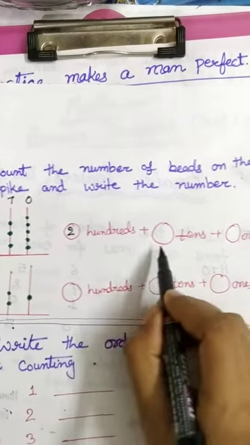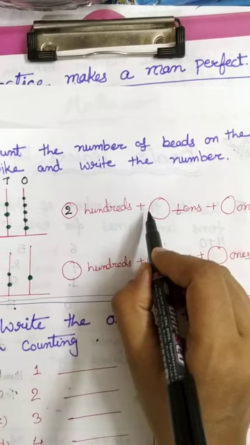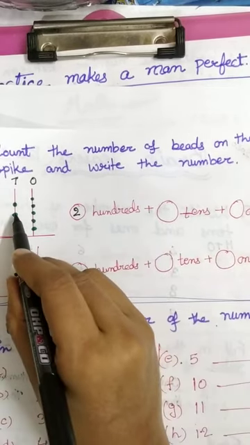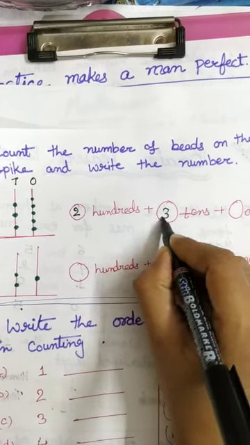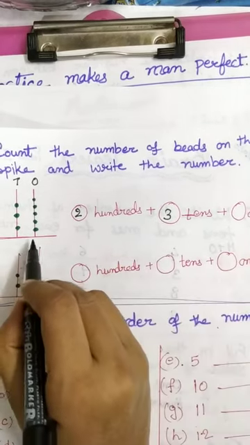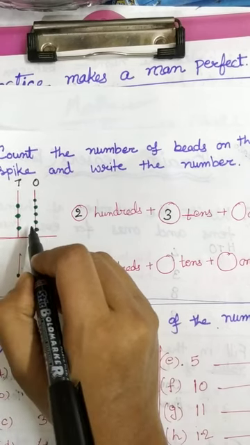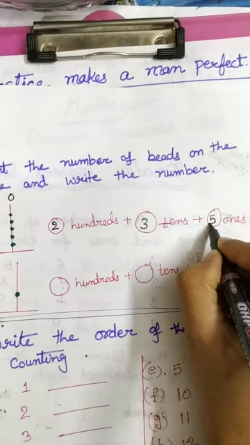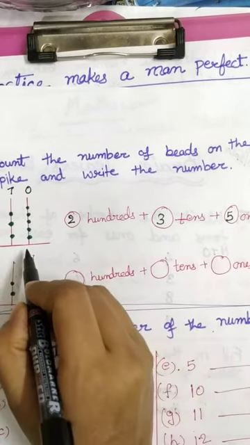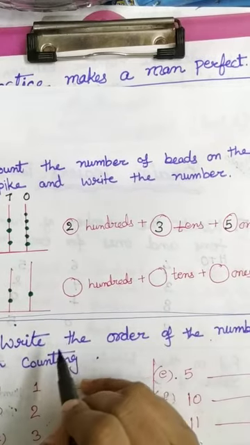Here we have to fill tens. 1, 2, 3. 3 beads are there, 3 tens. Again count the beads. 1, 2, 3, 4, 5. Now the 5 ones. Isn't it easy? Simple. You have to count the beads and write in the blocks.